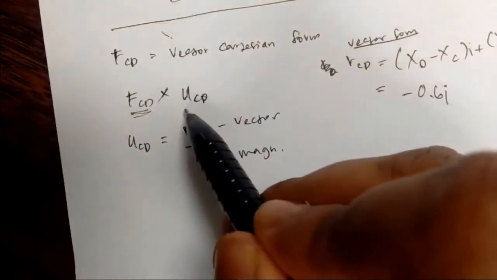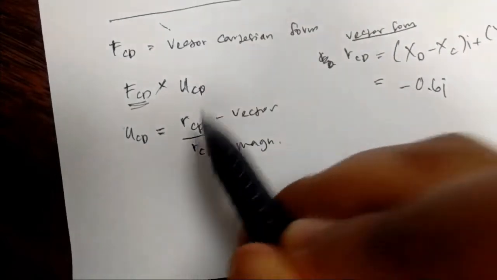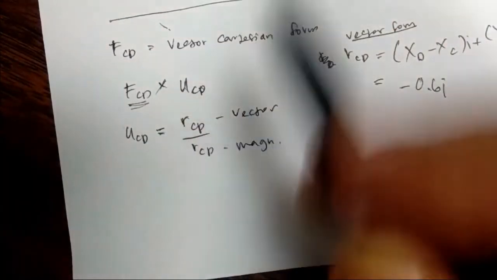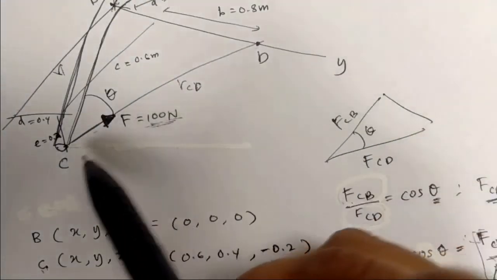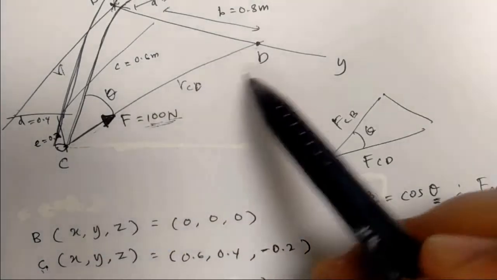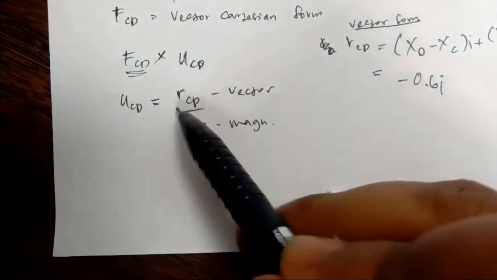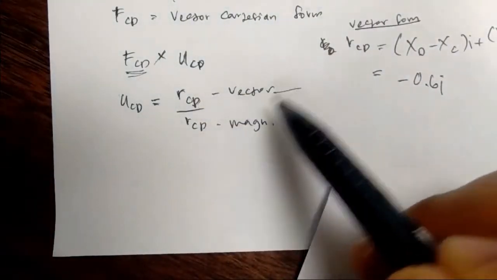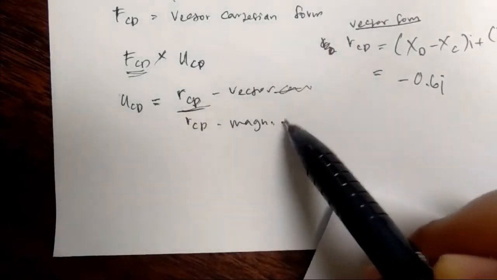So the unit vector UCD is equal to the vector position for CD, C to D, which is RCD. So the unit vector is equal to RCD in vector Cartesian form, and then divide by RCD in magnitude form.